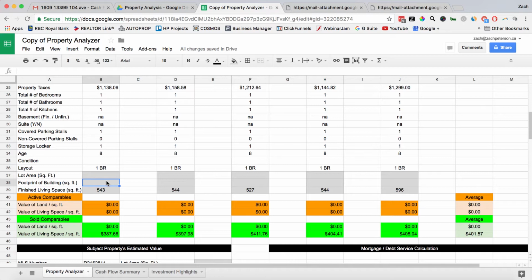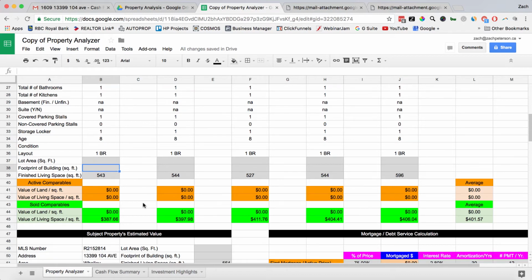It's going to subtract the footprint of the building from the lot area, and then divide the square footage of the house and the lot size based on what percentage of the entire lot they take up. That's going to give you a really accurate value of the land and of the living space.